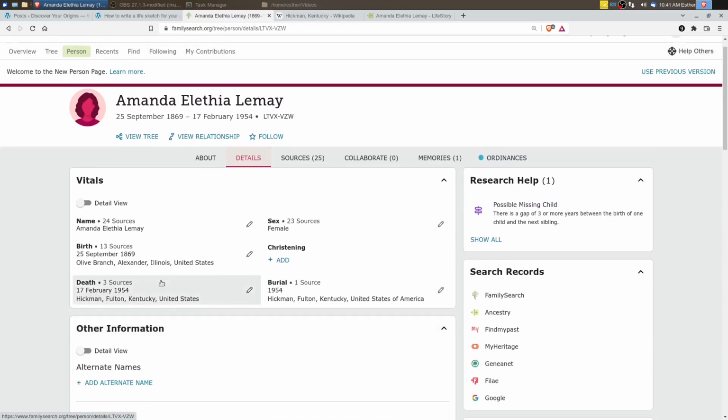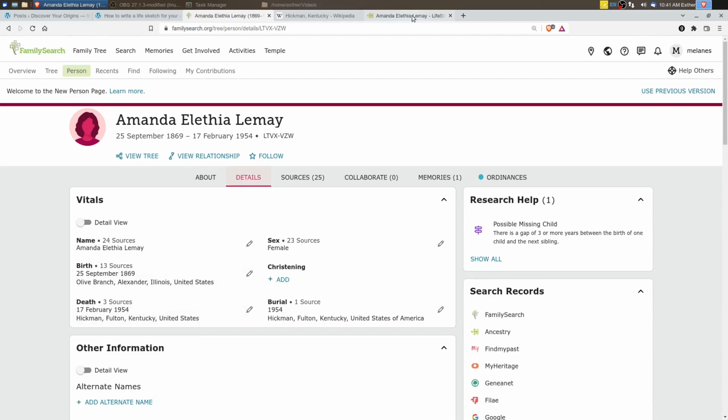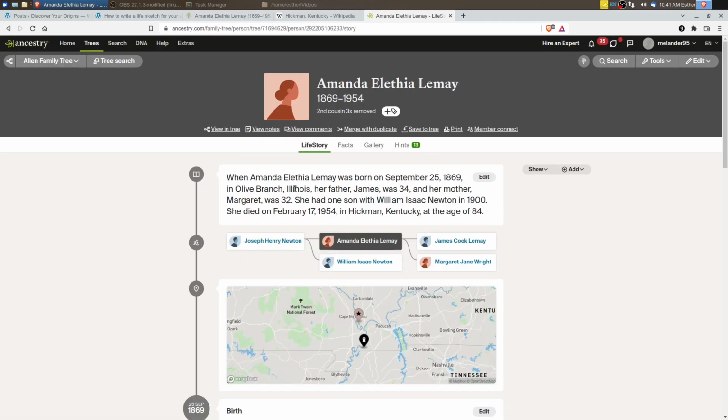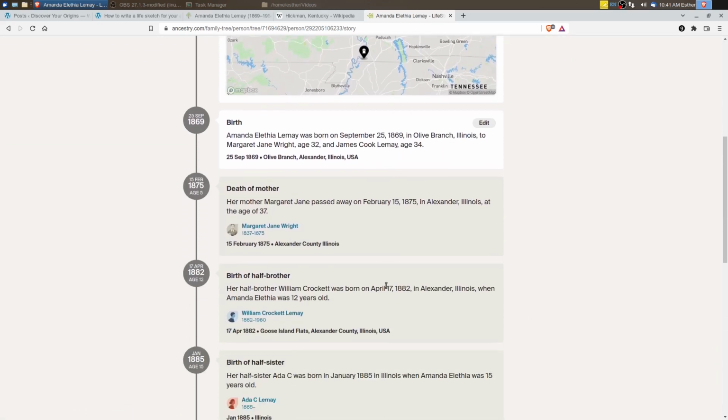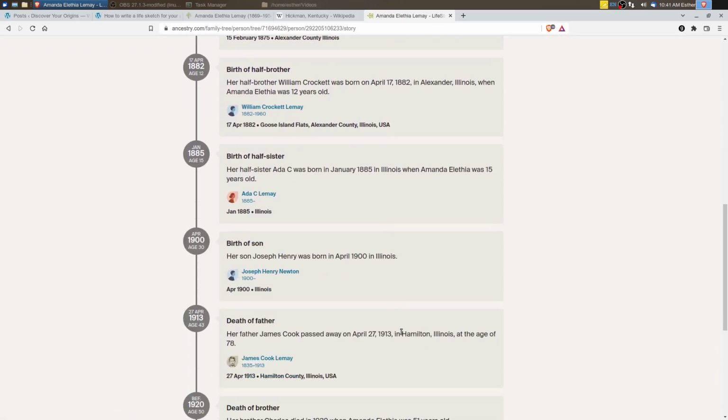Ancestry does something very similar on their life story page. Their life sketch is even shorter than the one generated by FamilySearch, but they also include maps and a short pedigree, and they spread it out. It's not all in one paragraph.